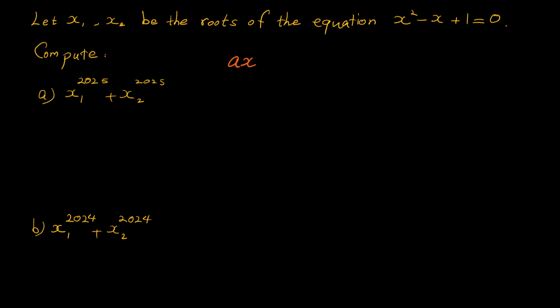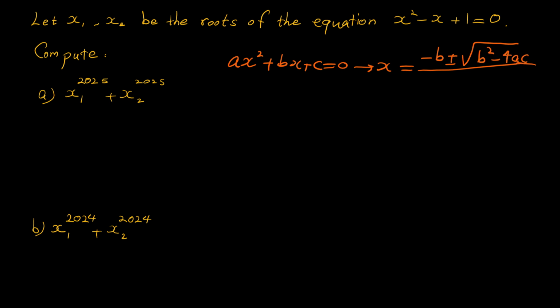If you remember, for equation ax^2 + bx + c = 0, we can find the roots from this formula: negative b plus minus radical b^2 - 4ac all over 2a.